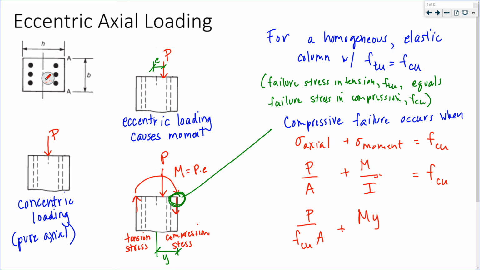Might look like it there, but it's supposed to be M times Y over FCUI is equal to 1. So when those two values, P over FCUA plus MY over FCUI, equal 1, we're going to have a compressive failure.